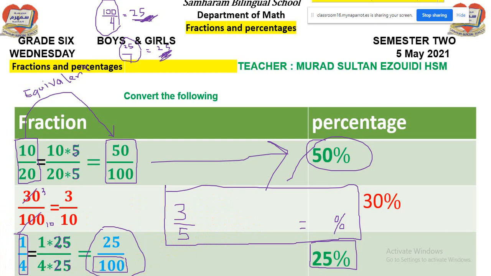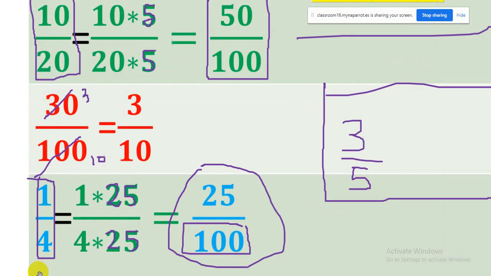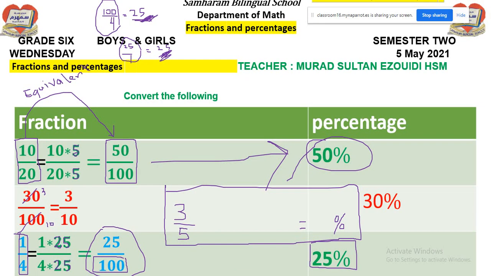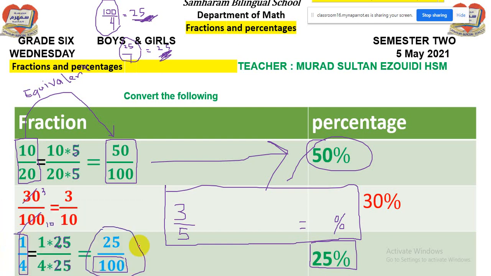Okay, I will use this pen. Look here, my daughters. I will write 3 divided by 5 as it is, no change.